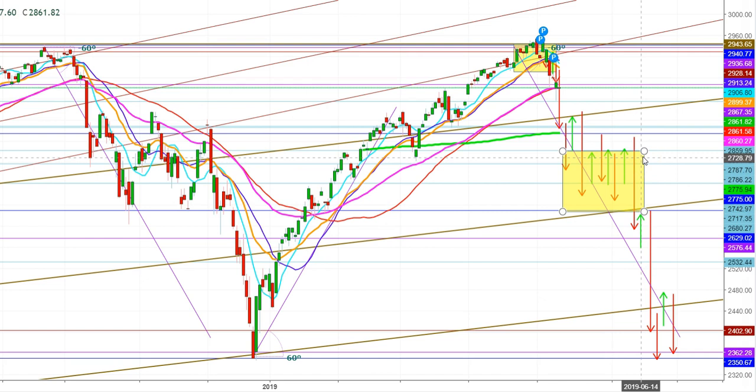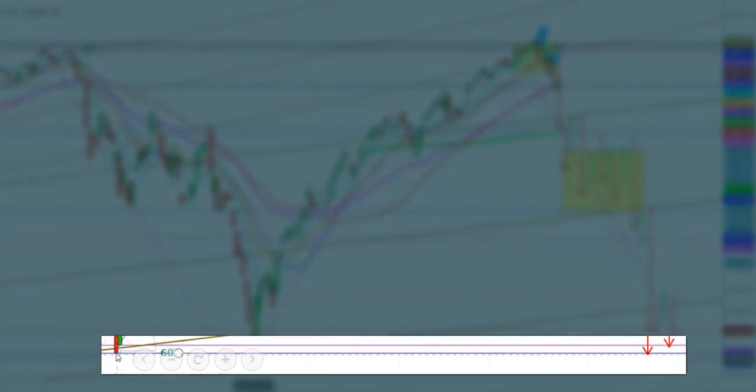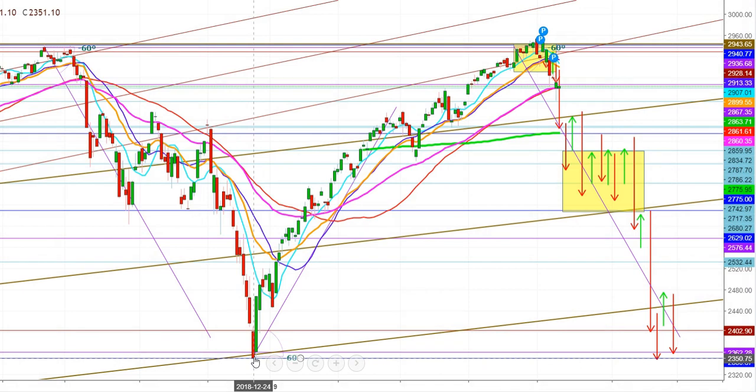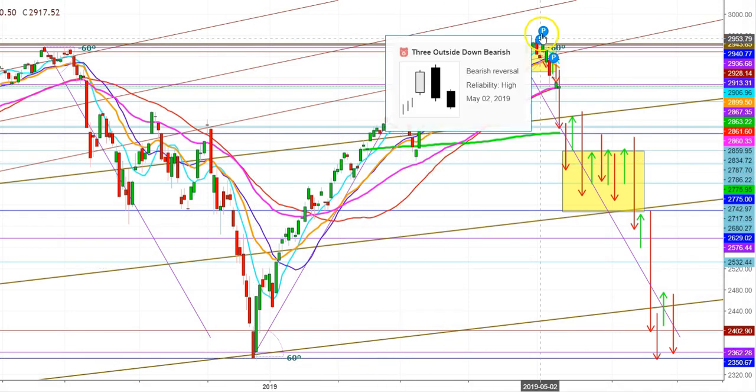But if the tariff trade war does not find any permanent solution till 14th June 2019, we will see more downward moves in S&P 500, where the S&P 500 may take a steep downward move up to the levels of 2397, and no doubt that after a sharp downward move, the S&P 500 index will take support at 2353, where the S&P 500 found a good support last time on December 24, 2018, when we witnessed a good upward move since December 2018 till these levels.